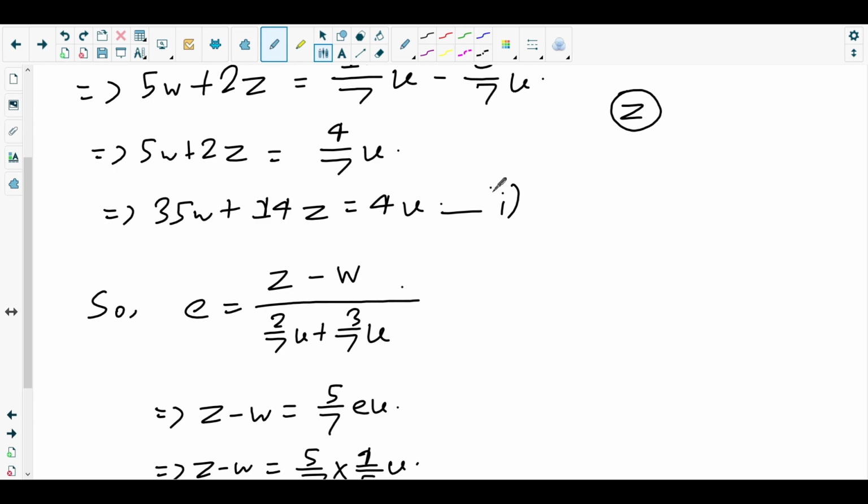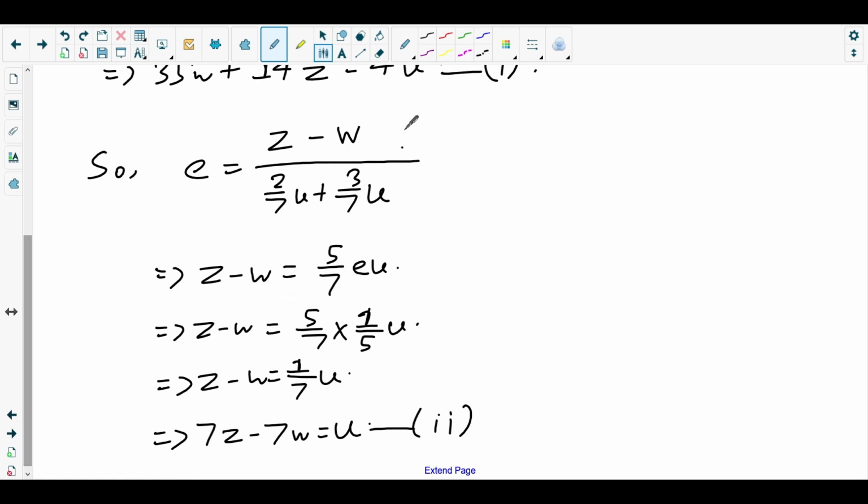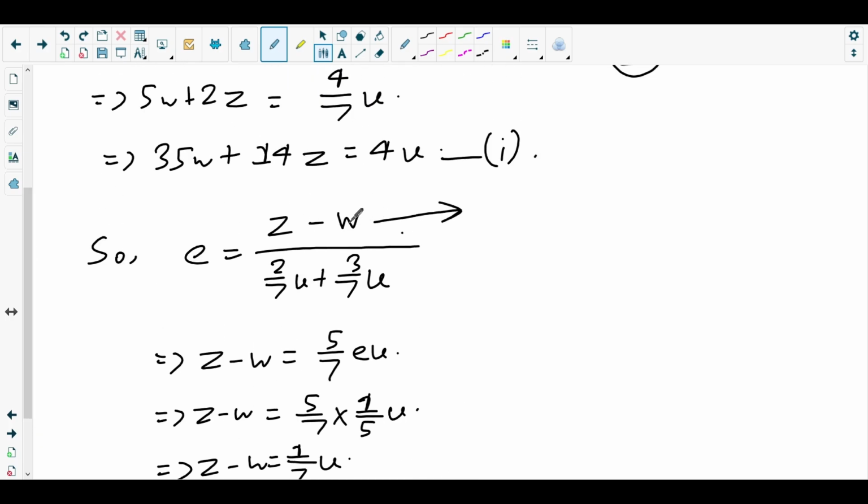We got two simultaneous equations. Before we proceed, let me tell you one thing regarding that Z minus W: the direction of particle P, we considered, is unchanged, and the direction of motion of particle Q is reversed after the second collision. That's why we have to consider Z minus W.